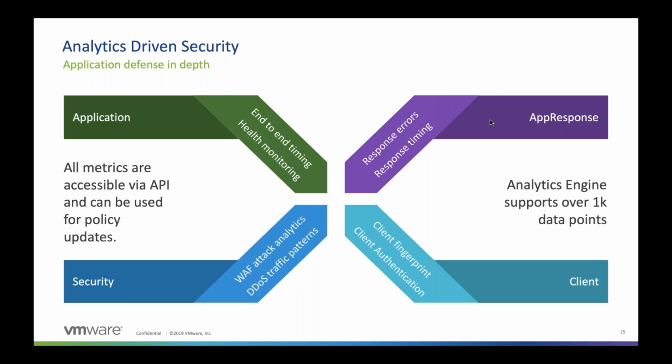So, these types of analytics that we collect, for example, application. When you have a load balancer, you want to know the end-to-end timing or the health monitoring, and we capture all of that on every request. When it comes to end-to-end timing, we also capture the runtime of the application firewall, so you can actually see if a rule in your policy might run too long, and how much time overall the application firewall took to evaluate that request.